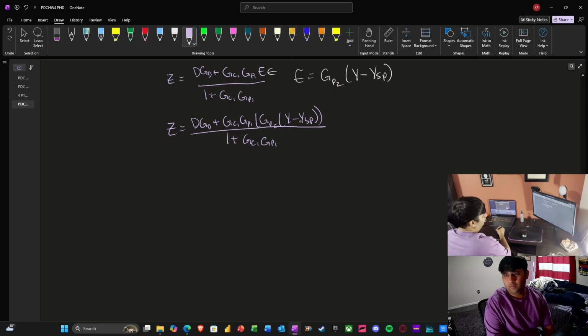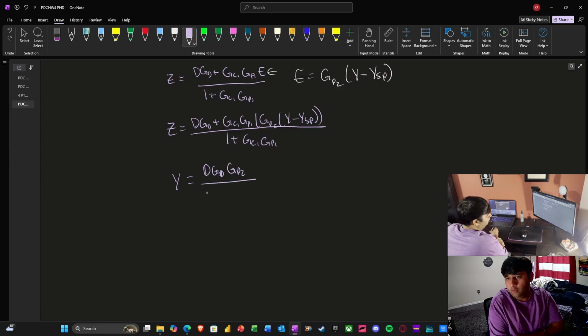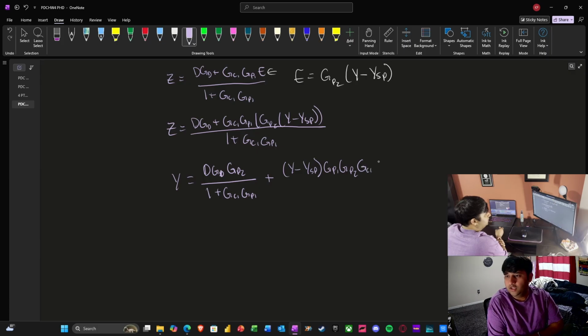However, now we have this Y that we want to find, so let's isolate that. What we get is D GD times GP2 over (1 plus GC1 GP1) plus (Y minus Y set point) times GP1 times GP2 times GC1 times GC2, all over (1 plus GC1 GP1).